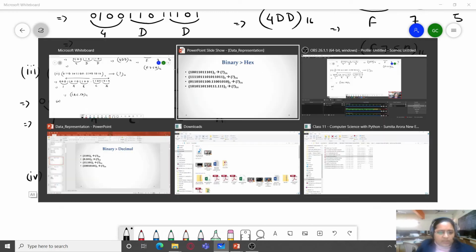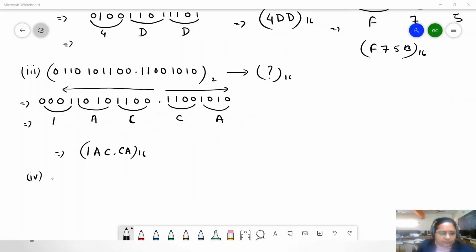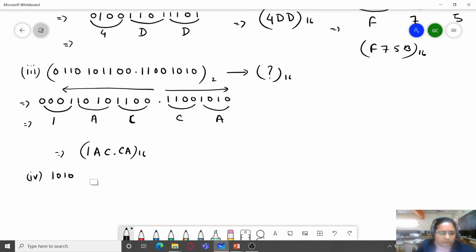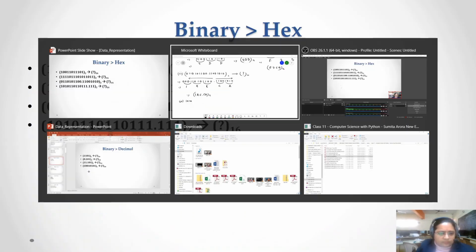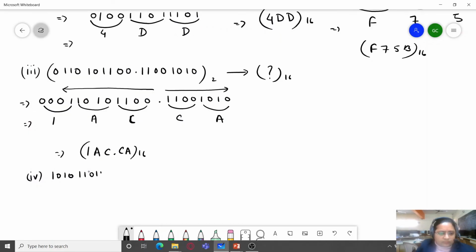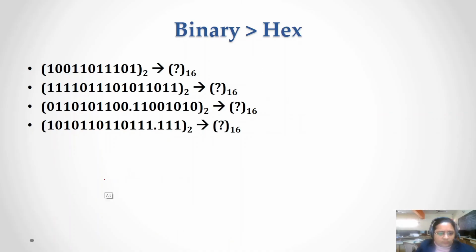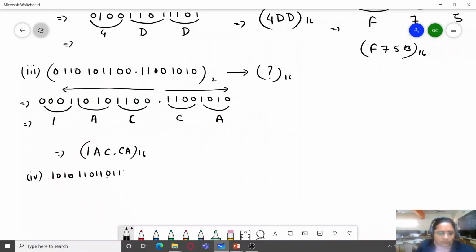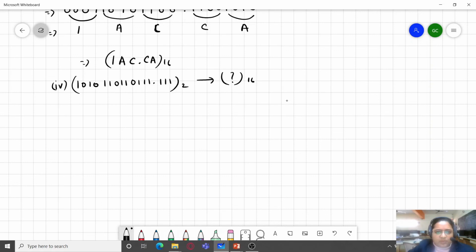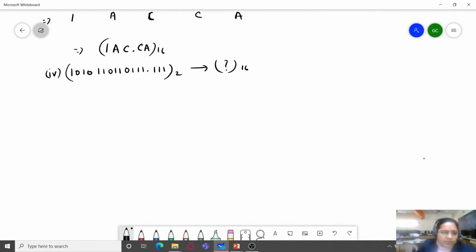Let's check the next example. So let's check out this one now. As we can see, after the decimal point we have an uneven number of bits, we have 3 bits only.